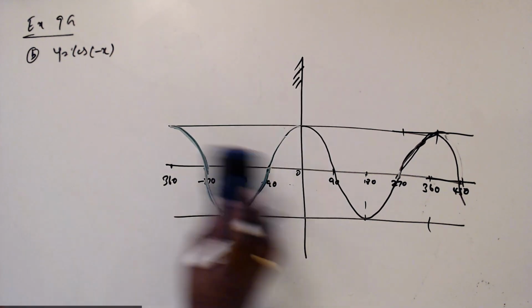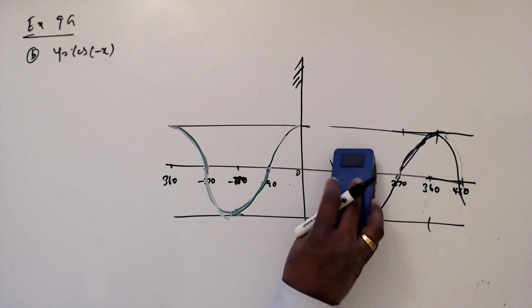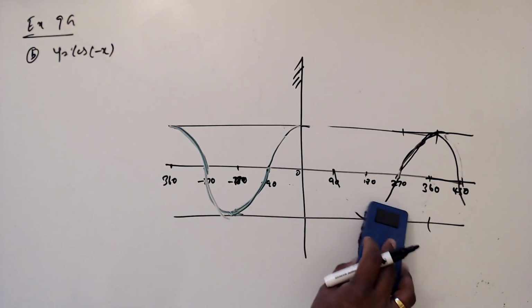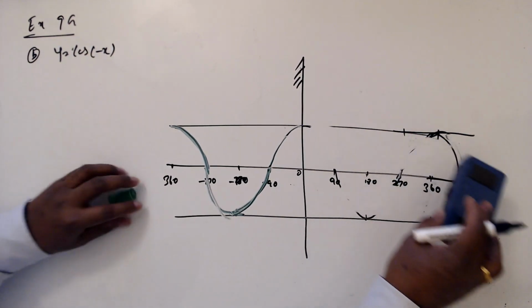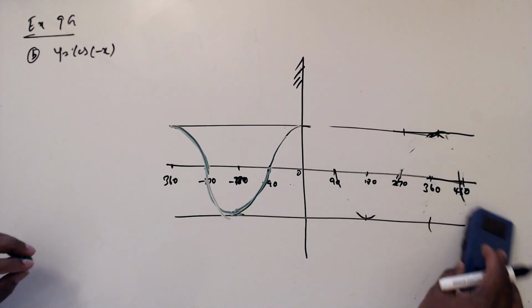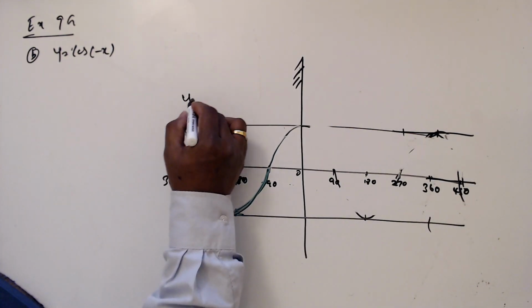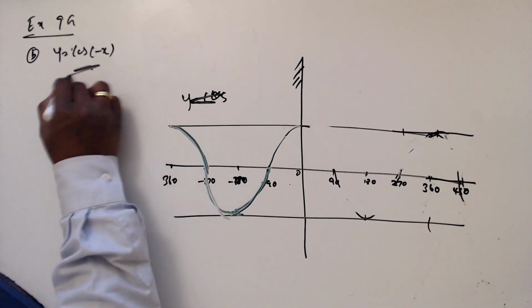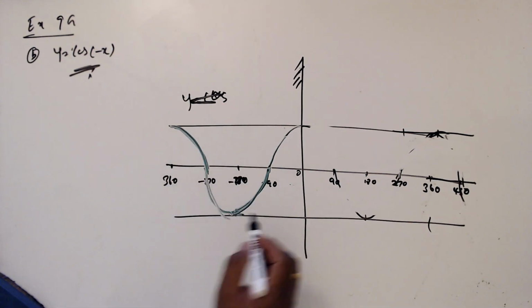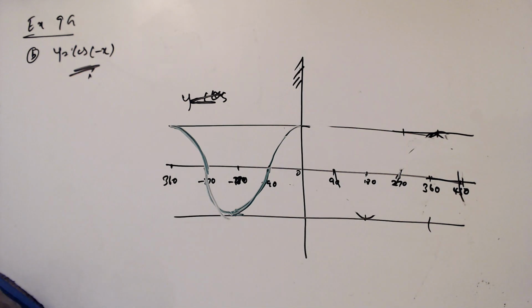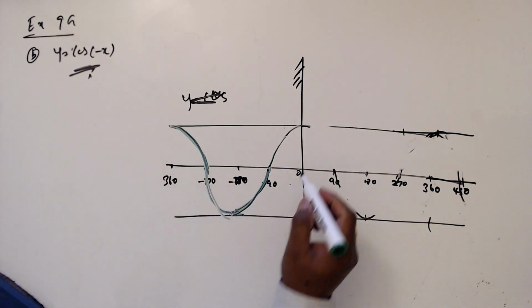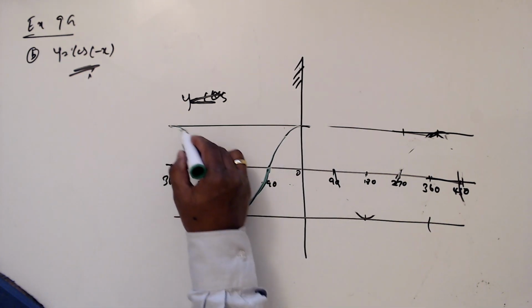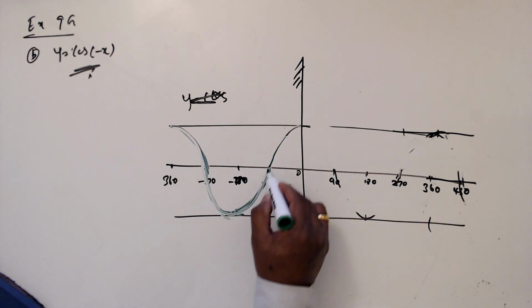Now we don't need the cos x graph because we need y equals minus cos minus x, this one. So this is the graph now. We have to continue this one because when you start this one, it's going like this.